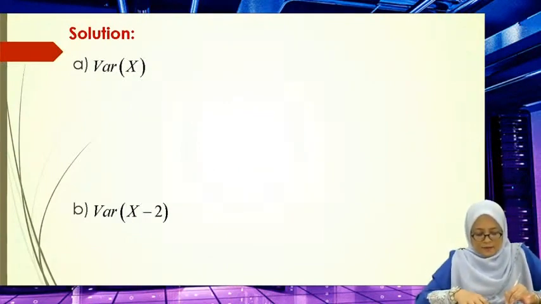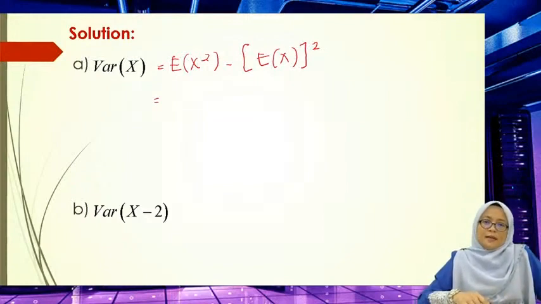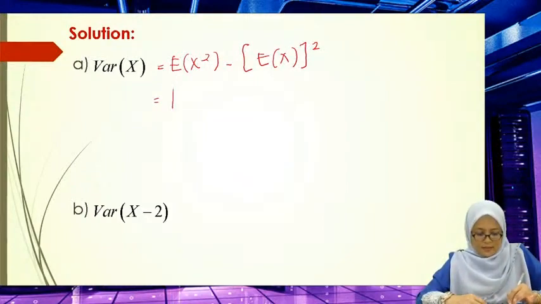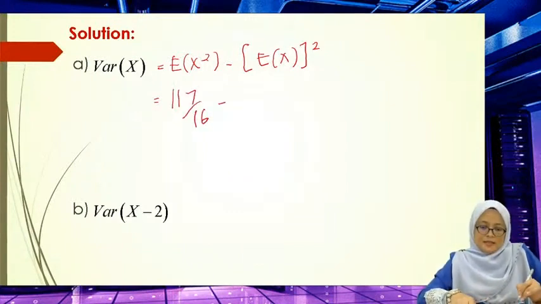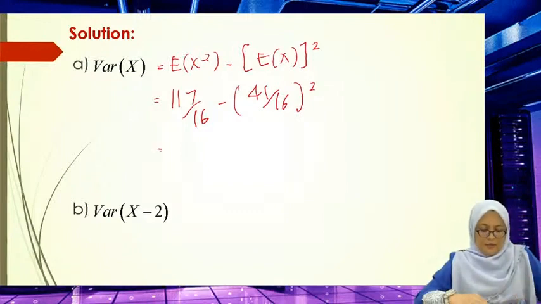So variance of x based on formula tadi, expectation x square minus expectation x all square. Okay, so expectation of x square tadi yang 117 over 16 minus expectation x tu yang E tu 41 over 16 square. Okay, kira dapat berapa?